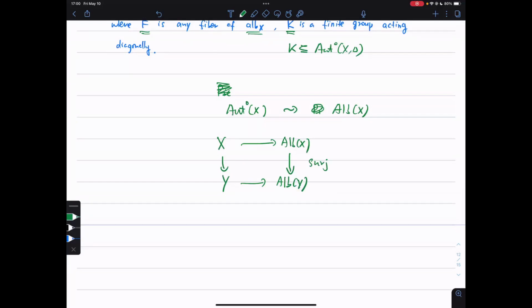But by Xu's result, we know this is isogenous to Aut zero, and this is also isogenous to Aut Y. So there is also a third surjective map. Somehow I'm cheating a little bit, but this convinces you we should do the lifting from the bottom to the top. Putting all these together, we can prove the second theorem I mentioned before.